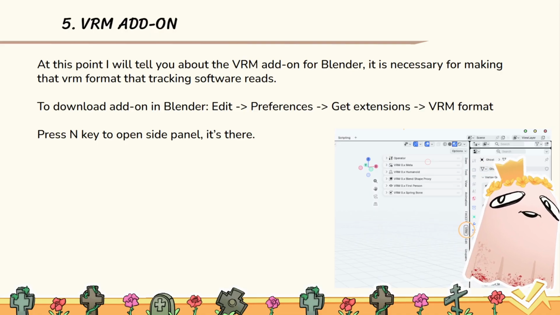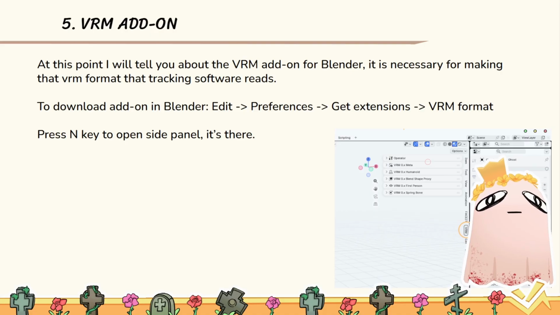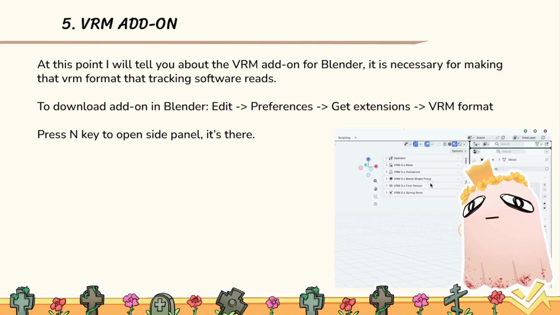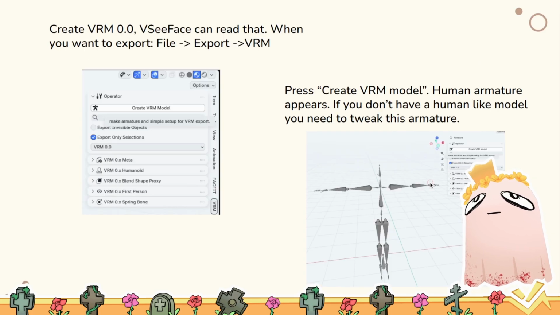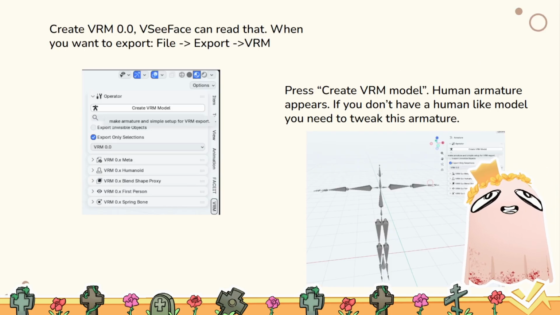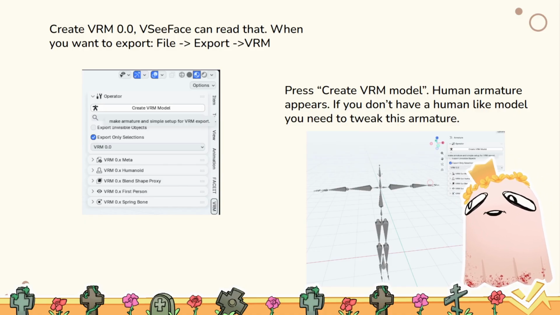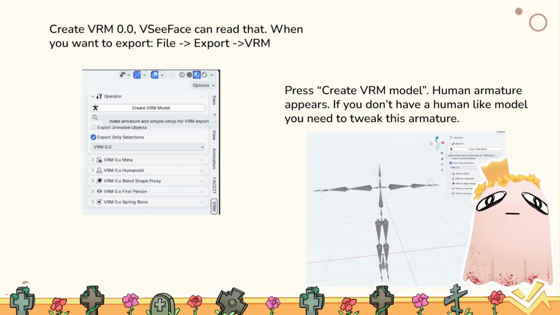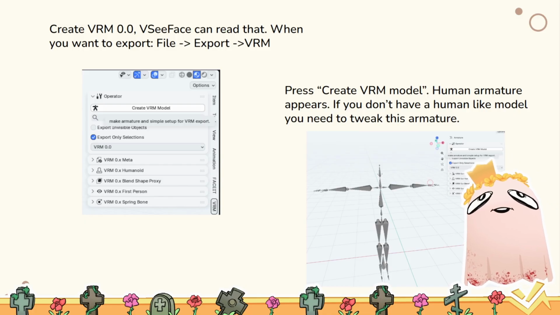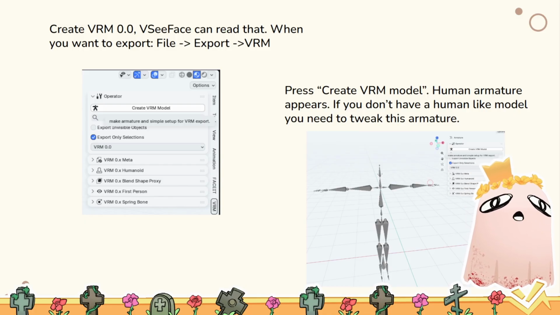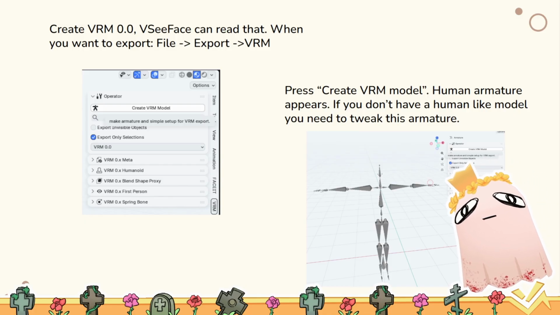After that, press N key to open the side panel. You should see the VRM add-on there. Create VRM 0.0. VSeeFace can read that. When you want to export, go to File, Export VRM. And remember to check the box that says Export only selected.